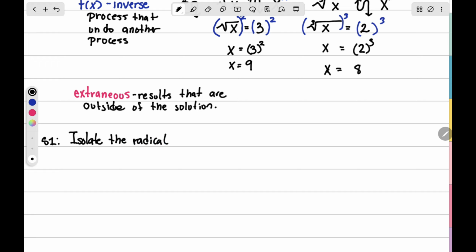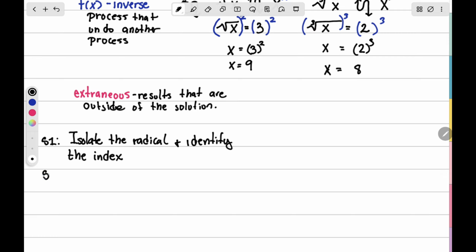Isolate the radical and identify the index. All right. After you get the radical by itself, find out what you're working with. Identify the index.